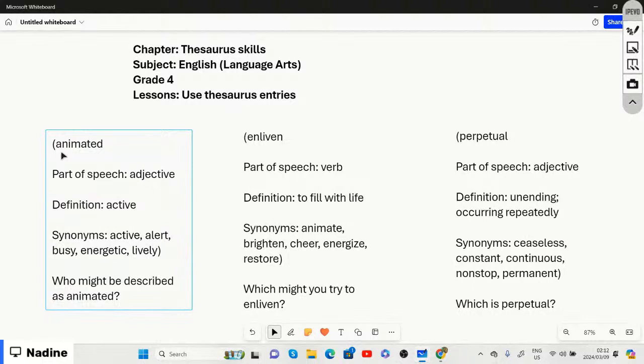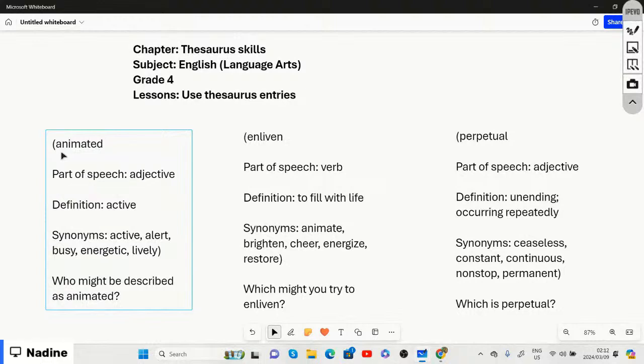Then if we look at another word, which is enliven. The part of speech of enliven is a verb, it's an action.